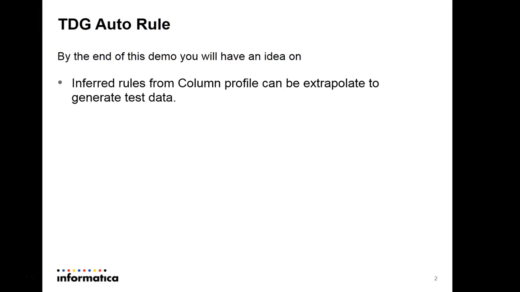Based on these characteristics, you can attach particular TDM provided rules in the profiling itself. Once you do a profiling, TDM provides you some inferred rules based on the characteristics of the data in the column, and then you assign the inferred rule to the column.